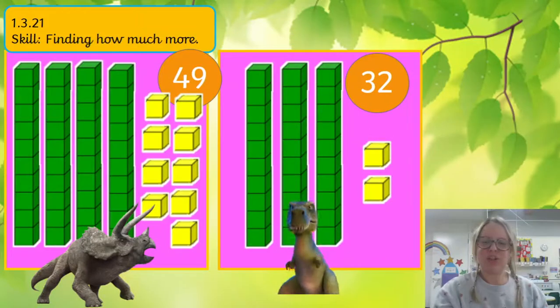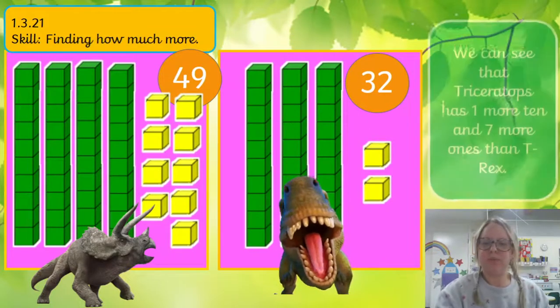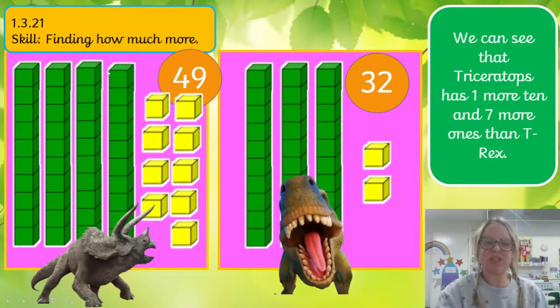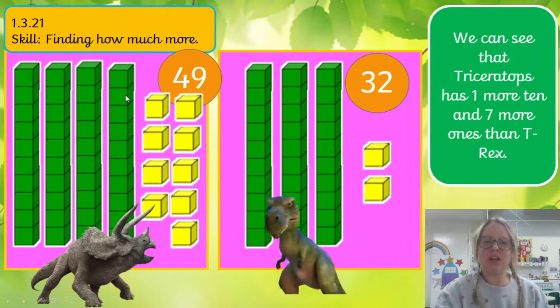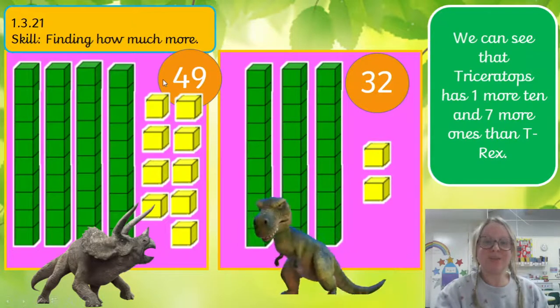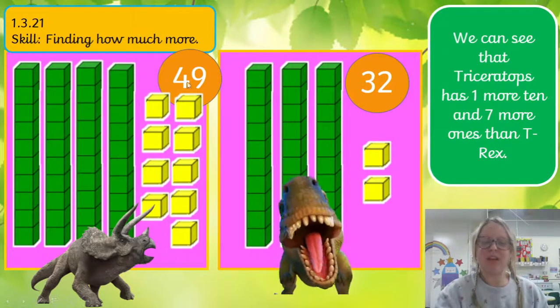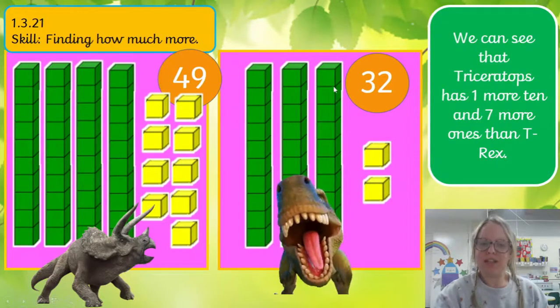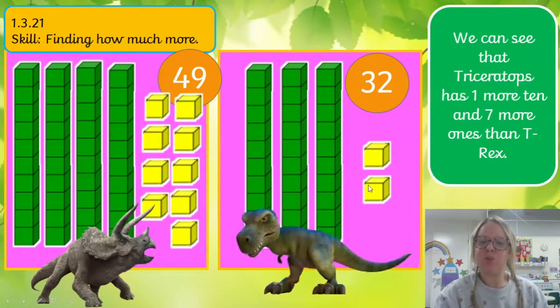Okay, let's check. So, did you draw 4 10s for Triceratops? And did you draw 9 1s for Triceratops? And how about T-Rex? Did you draw 3 10s and 2 1s?